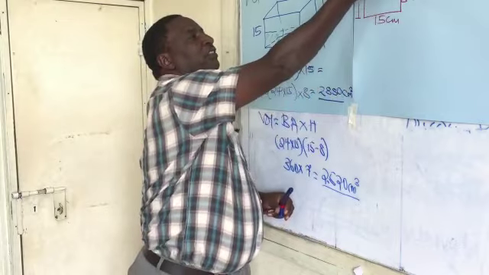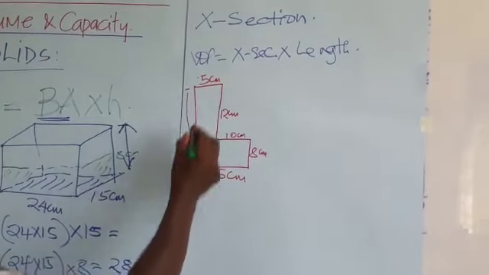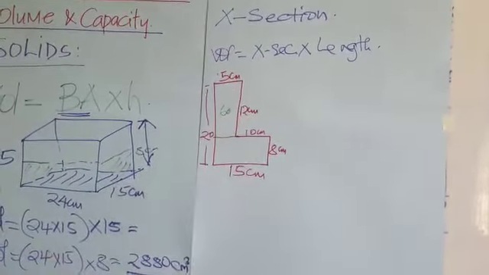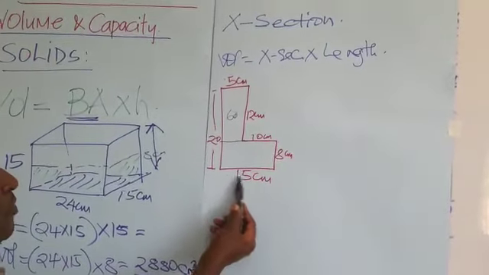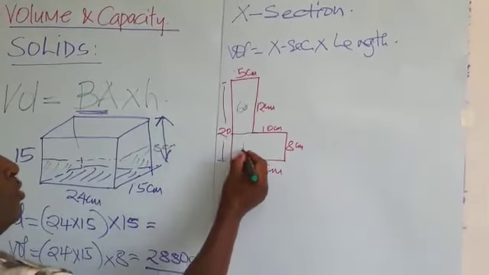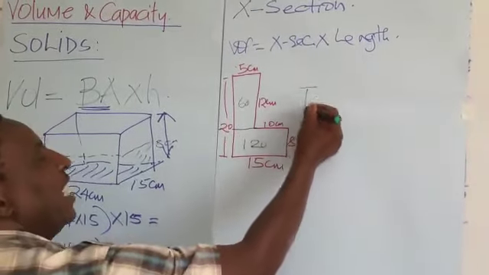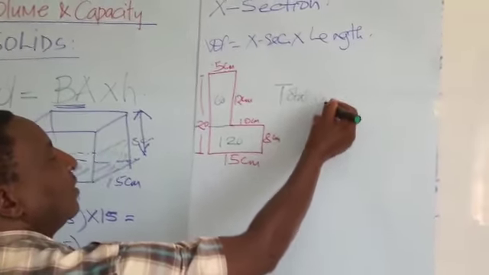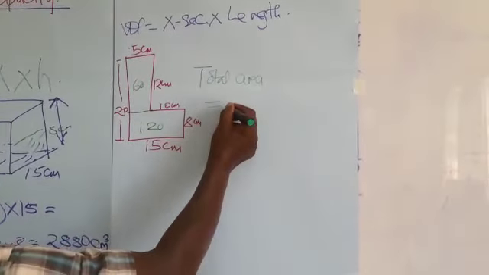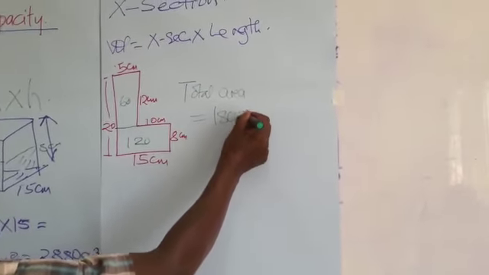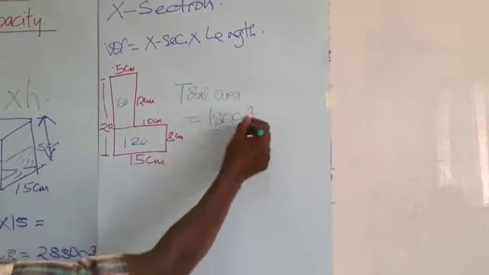We have left 12 times 15. That gives us 60. Down here, it will be 15 times 8. That will be 120. So our total area is 180 square centimeters.